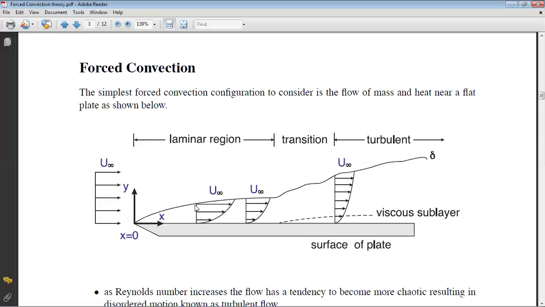Now, if you join all the boundary layer thicknesses at points 1, 2, and 3, you will have this curve, which is the extreme curve of the boundary layer, above which the fluid is independent of the viscous effect, and below which the fluid will be affected by the viscous effects.